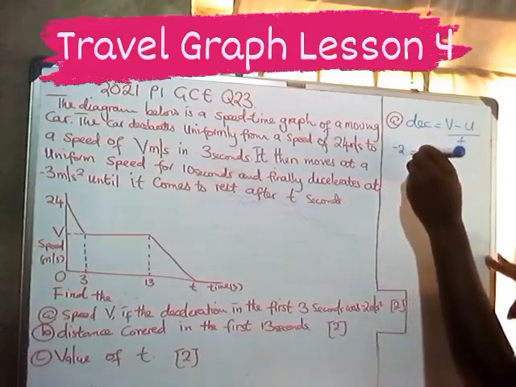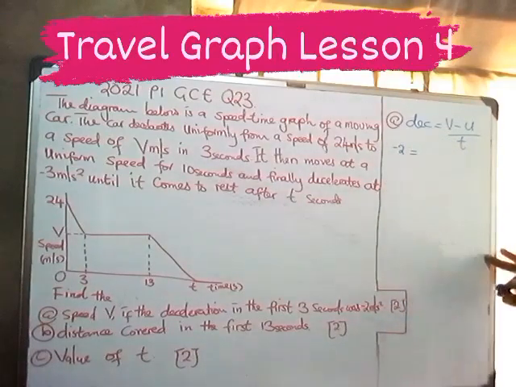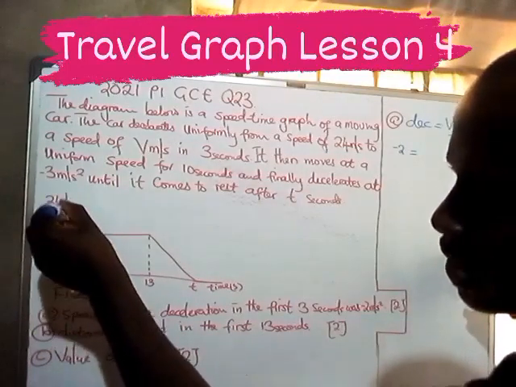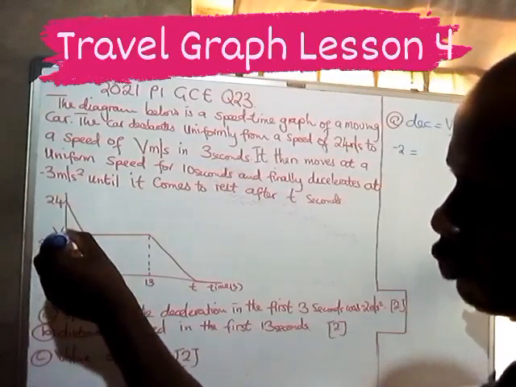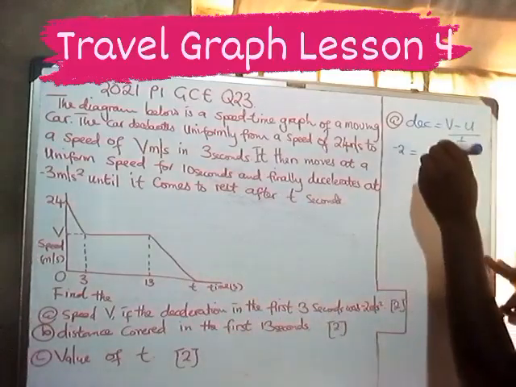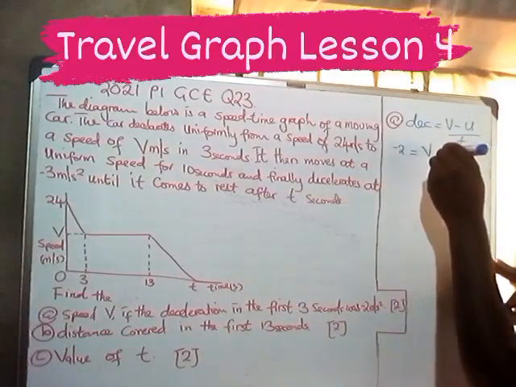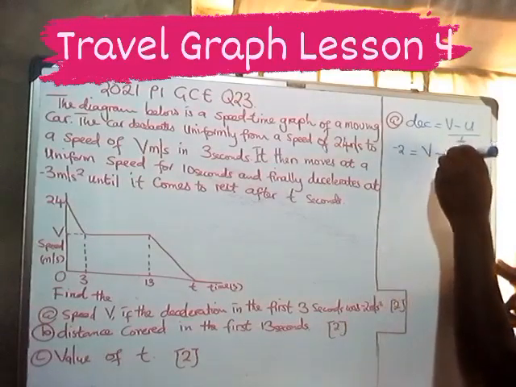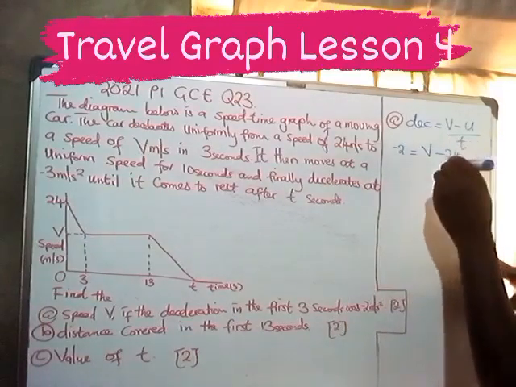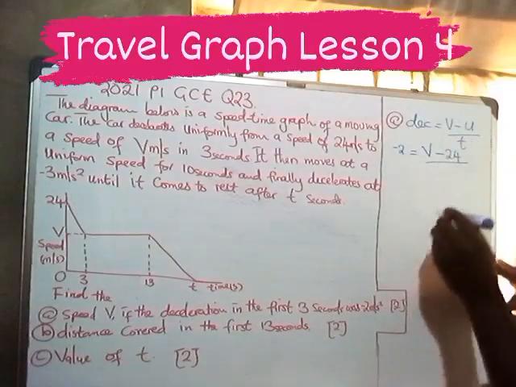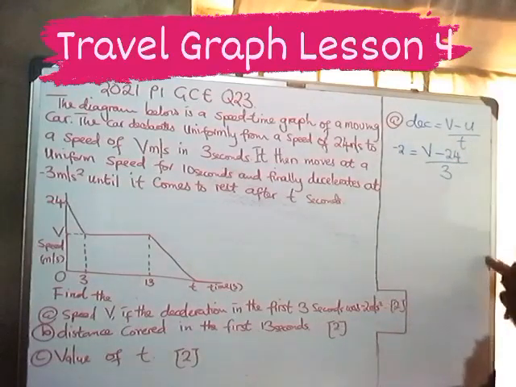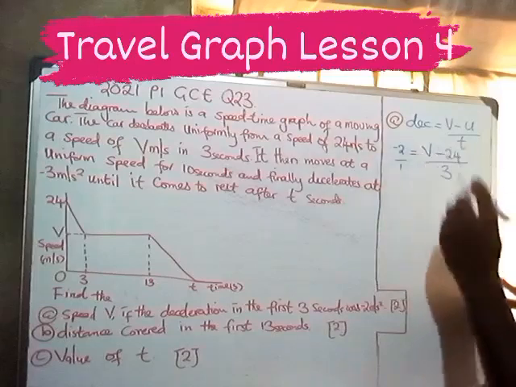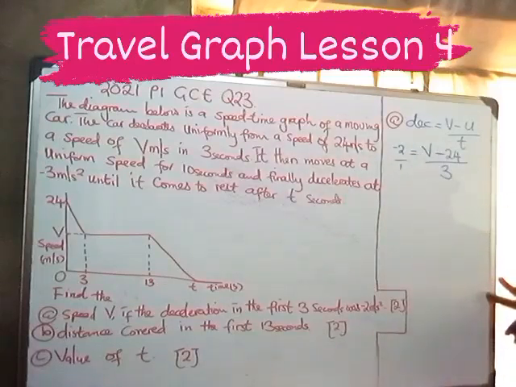So -2 is equal to, what is our final velocity? It is from here up to here, which is the same as from 24 up to v. So our final velocity is v itself, minus the initial, which is 24, over the time taken, which is 3. Now we cross multiply so that we make v the subject of the formula.